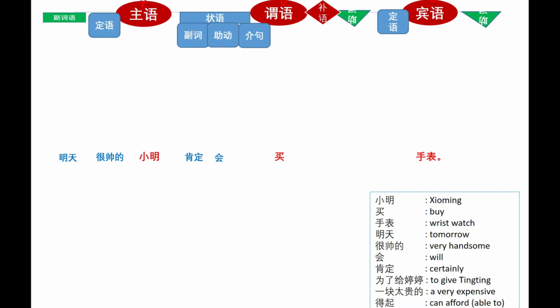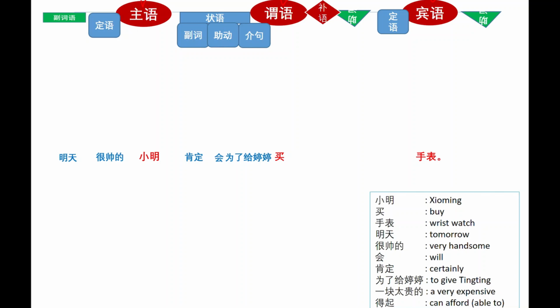Yes, 明天很帅的小明肯定会买手表. Again complicated, right? For what purpose? 介词短语, prepositional phrase: 为了给婷婷, to give 婷婷.